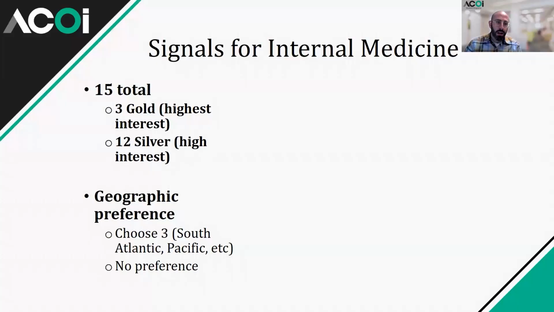That's great. What you don't want to do is use geographic preferences and then use your signals at locations in which your preferences are not placed. So we can see if you have preferenced something. So say you have preferenced every place other than the South Atlantic location, and you apply to my program and you say that we are a silver signal.